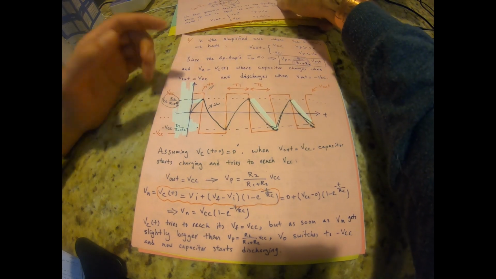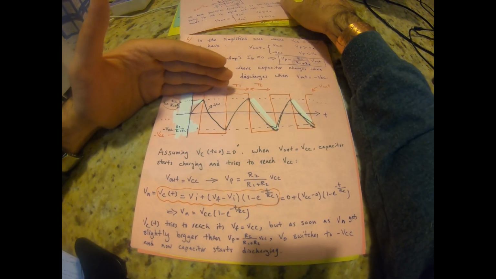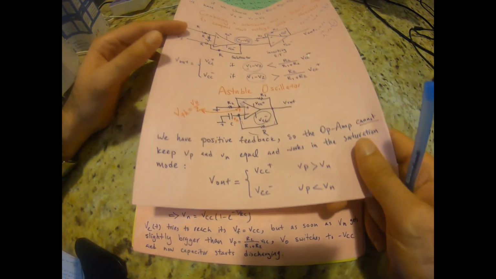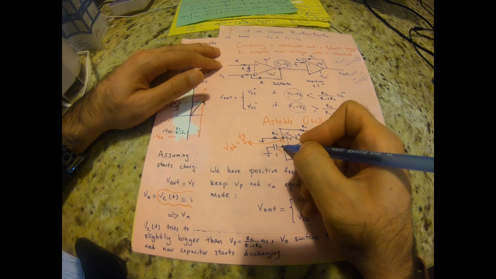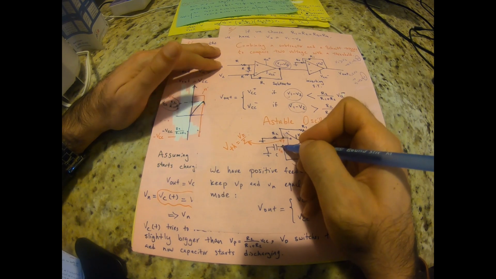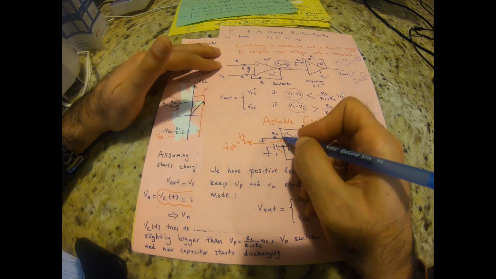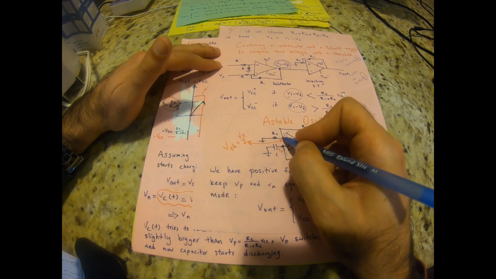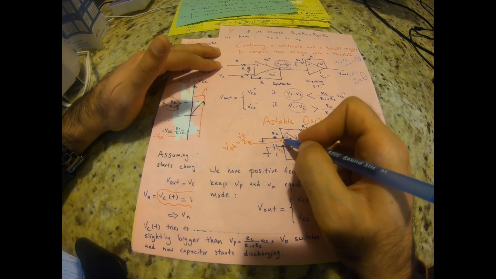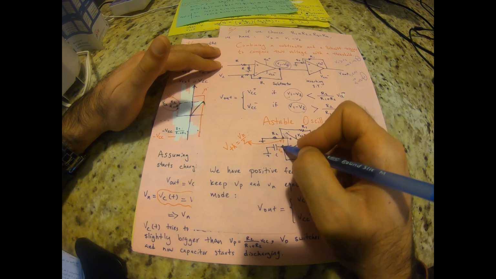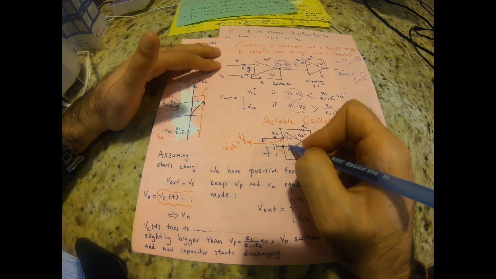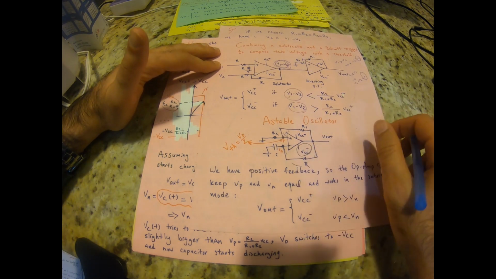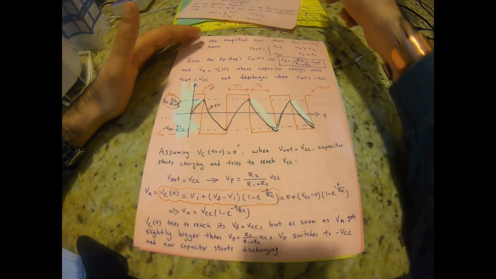But before it reaches this ultimate goal, the voltage of the capacitor gets bigger than the voltage of the non-inverting pin. Once this voltage gets slightly bigger than this voltage, and the op-amp is in the saturation mode, V out is going to jump to VCC minus. This is what's happening here.